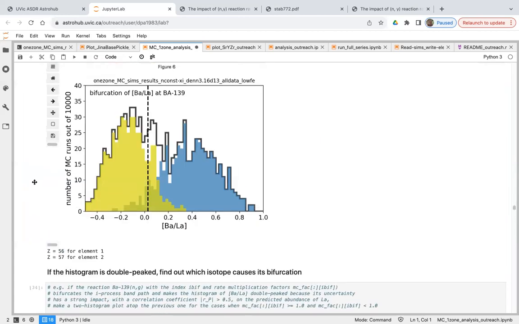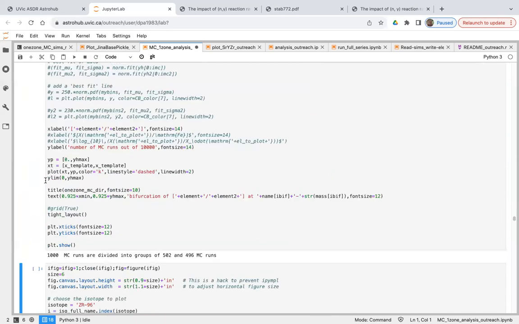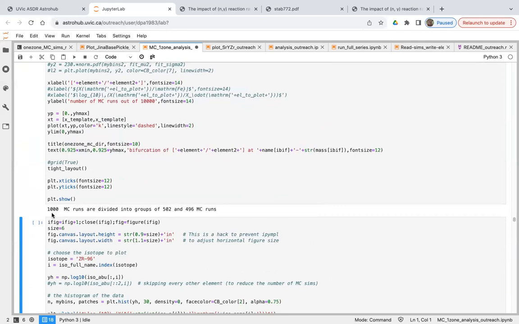And indeed, as you can see here, what's important is that the second cell actually divides all 1,000 Monte Carlo runs into two approximately equal groups, approximately 500 and 500.